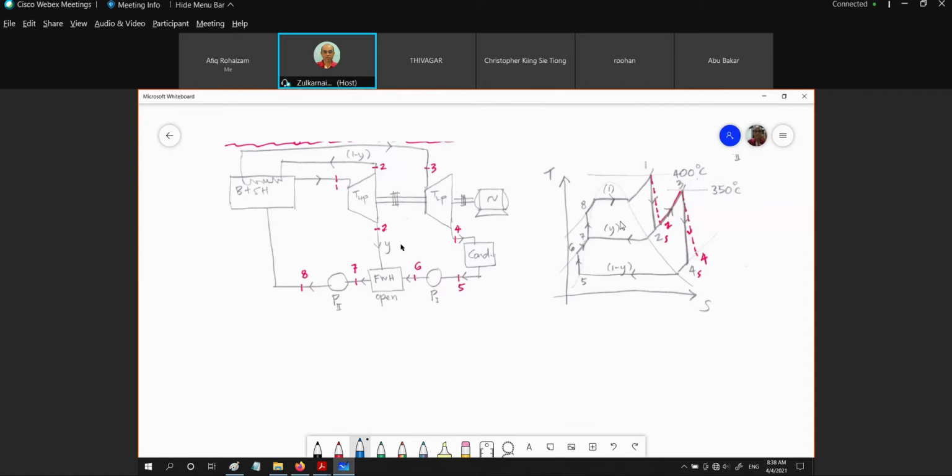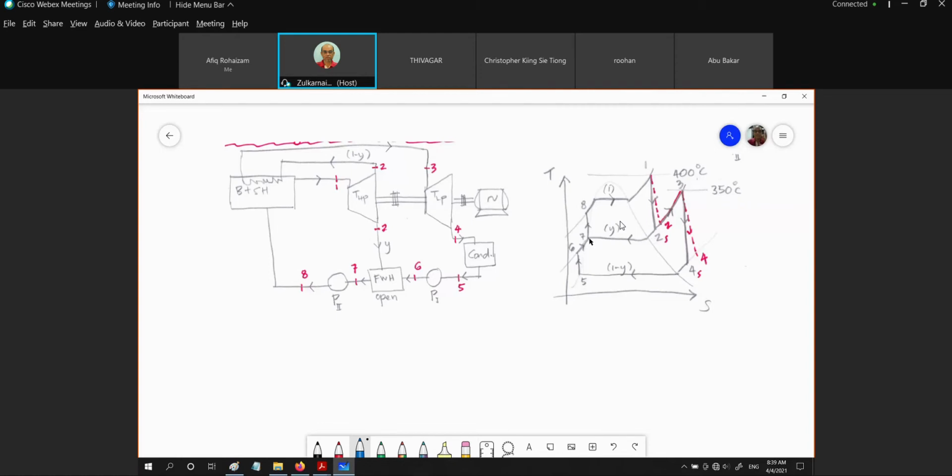Okay, so if you look right here, for an open type of feed water heater, which allows direct mixing of the bleed steam and also the condensate from the condenser after the pumping process, the pressures of P6, P2, and P7 are equal. The pressure coming out should be the same.